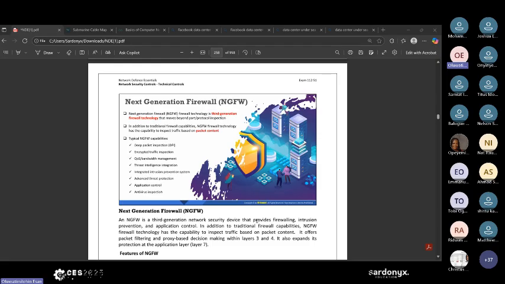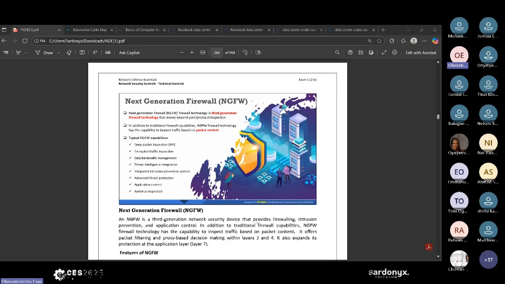So we have a different combination of protective measures inside one device, like an all-in-one. It works from layer 3 to layer 4 and also expands to layer 7, just like the stateful firewall.